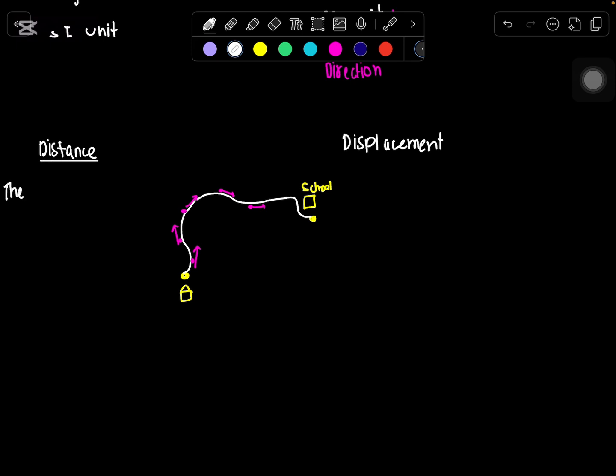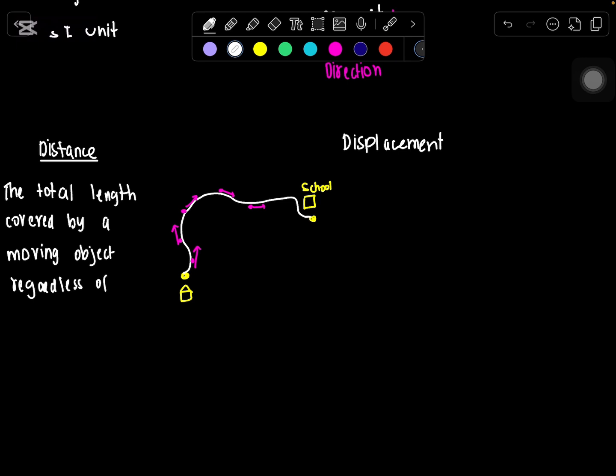The total length covered by a moving object regardless of its direction. Okay.